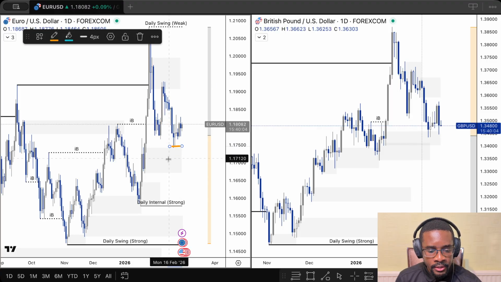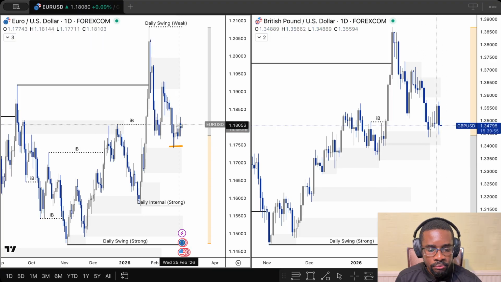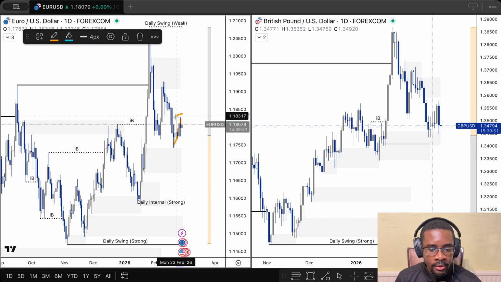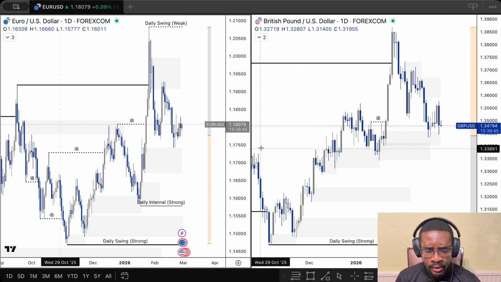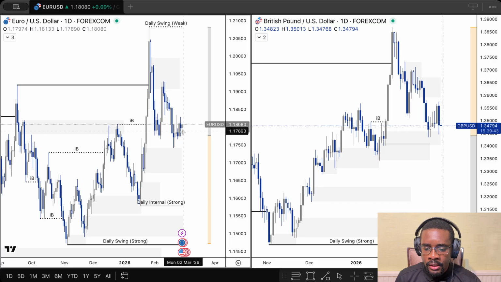Price mitigated this pivot demand, and since then we've had a reaction, and price has been pushing up. However, the bullish movement, as you can see, is not very convincing. There's not much really to read in terms of intraday for trade.